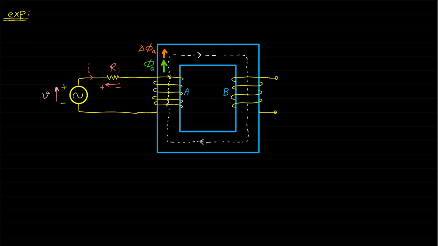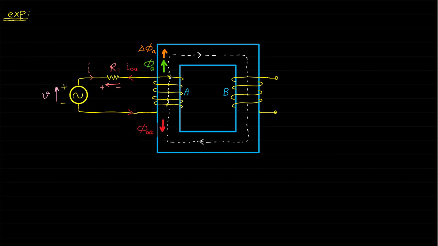Then we need to find the magnetic field that opposes delta phi A. The magnetic field that opposes delta phi A is denoted by phi OA. The current direction that produces phi OA can be identified based on the right-hand rule, and it is denoted by IOA.